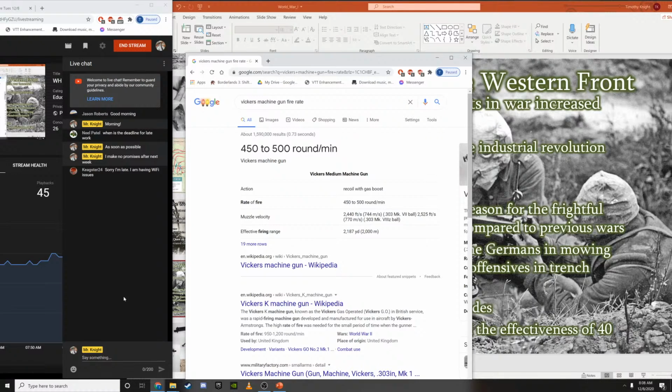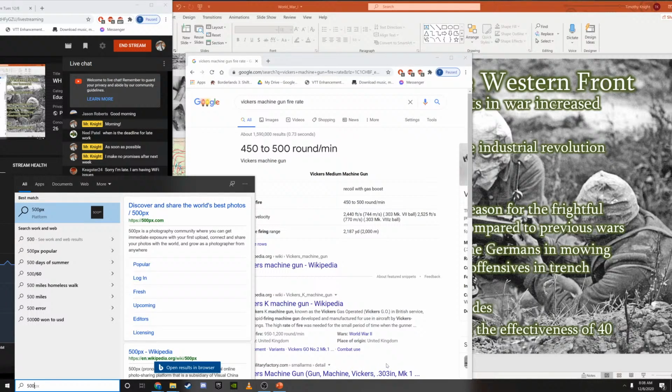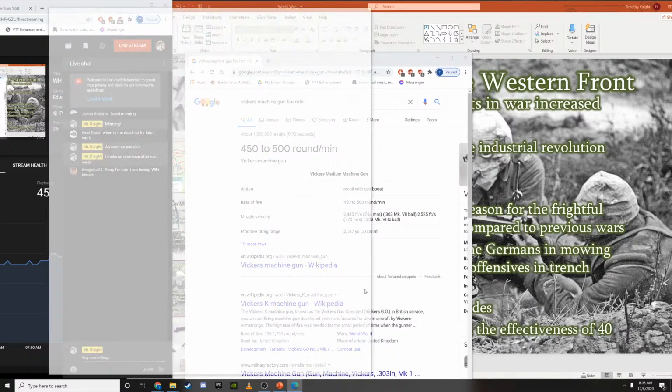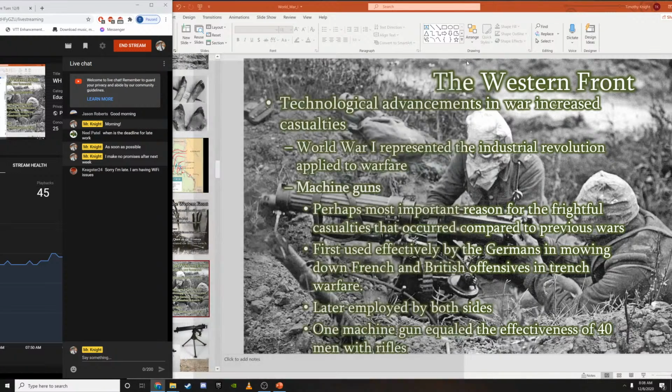How many rounds is that a second? 500 divided by 60. It's firing literally 8 rounds a second. Okay, it's fast. It really shoots very, very quickly.